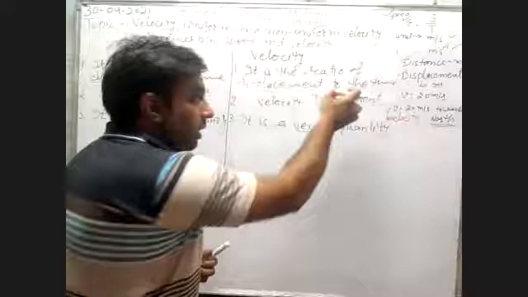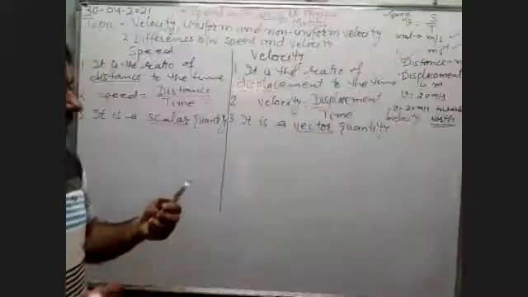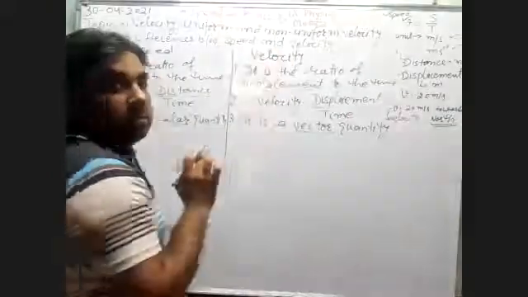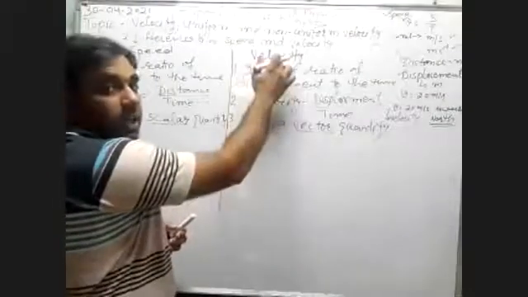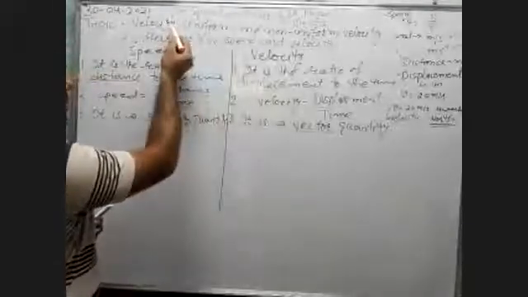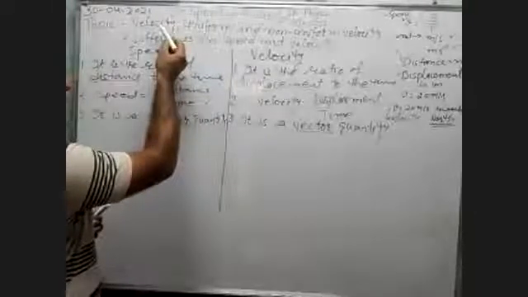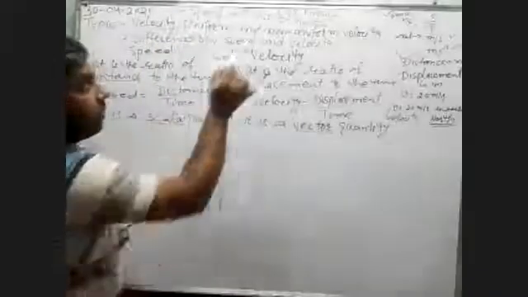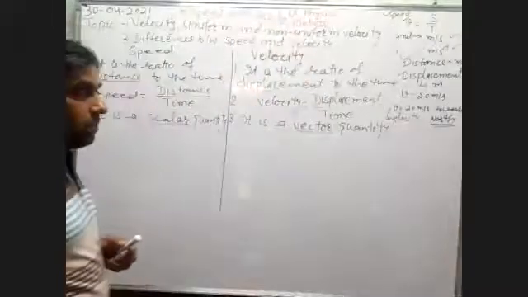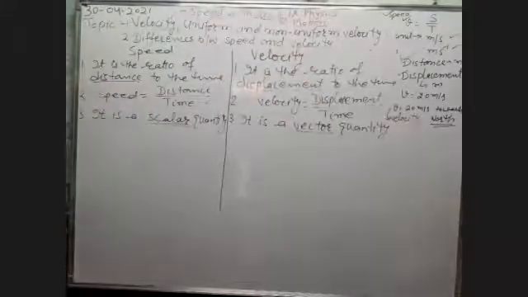While measuring velocity we require both magnitude and direction. Look at the definition: speed with a direction. When we measure speed we require only magnitude, but velocity needs magnitude and direction, so it becomes a vector quantity.